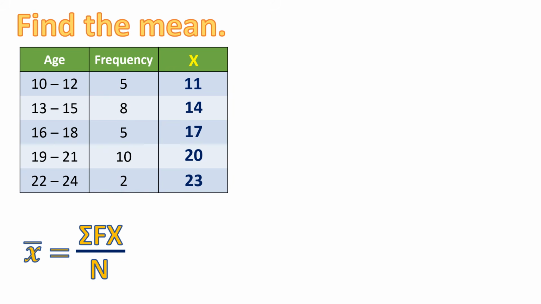So after getting the class mark, we will need another column where we multiply the frequency and the x, or the class mark. That's why in the formula there is fx, because it's frequency times the class mark. So we will name it fx, or the frequency times the class mark.